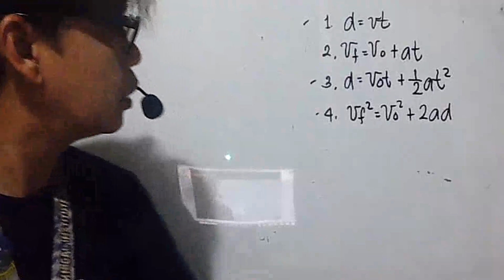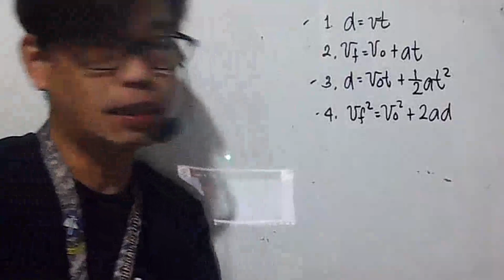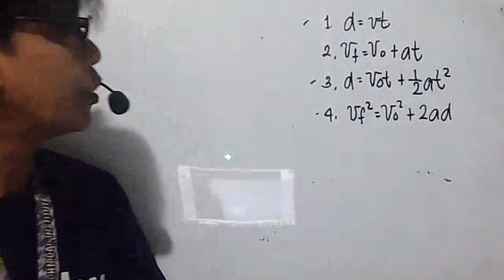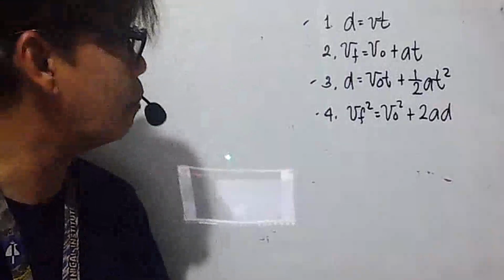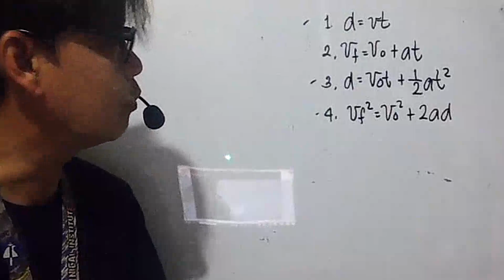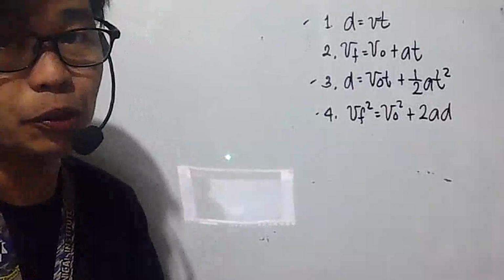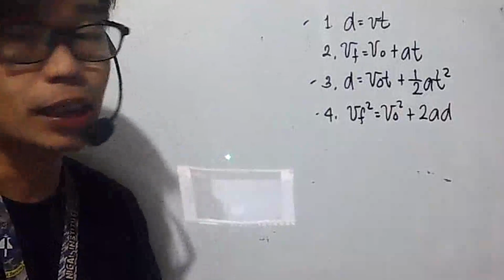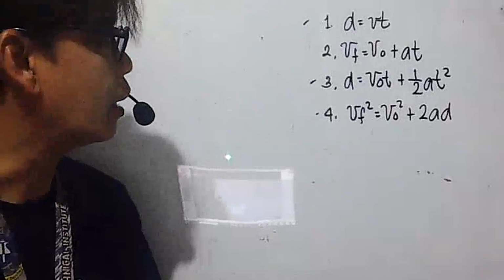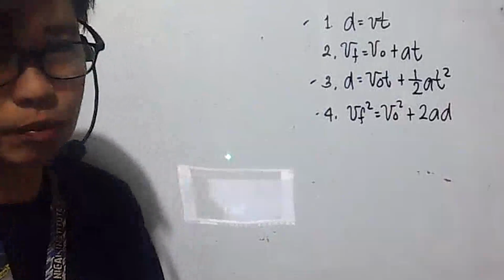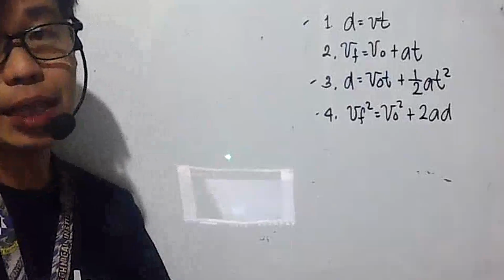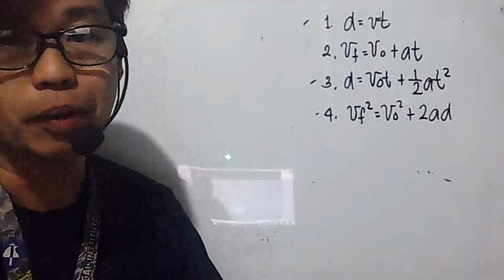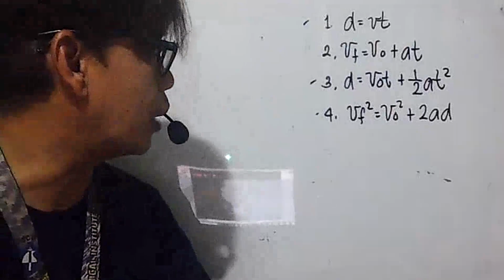Okay? So kinematics has four basic formulas. First is d is equal to vt, or distance is equal to your velocity multiplied by time. And then your second formula is vf, or final velocity is equal to your initial velocity plus your acceleration multiplied by time. And third is your distance is equal to your initial velocity multiplied by time plus 1/2 at squared, or acceleration multiplied by the square of time, okay?